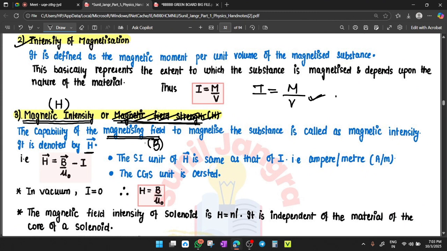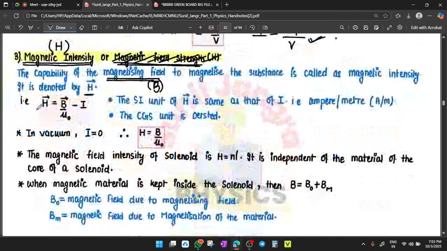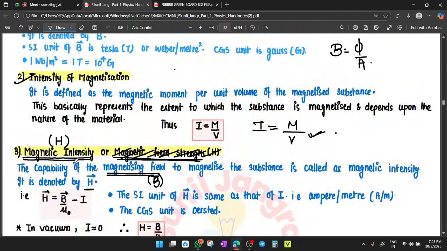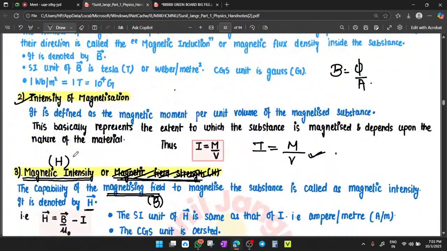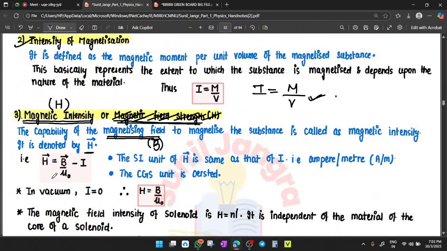For general cases, H equals B by mu naught. If there is only air, in vacuum, H equals B upon mu naught.